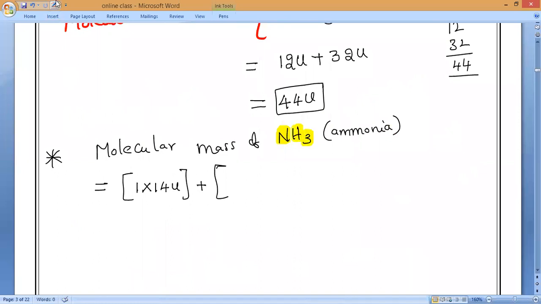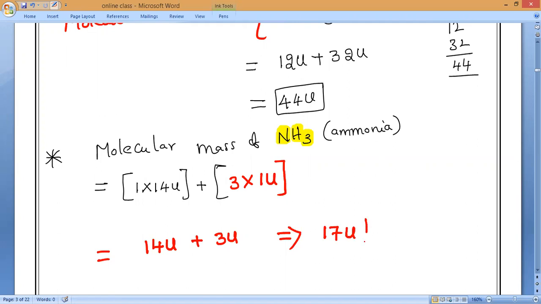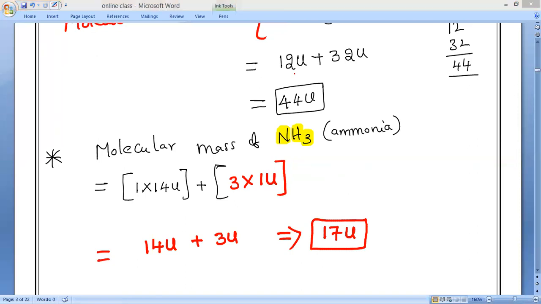How many are present? 3, into the atomic mass of hydrogen, which is 1. So it is 14 U plus 3 into 1, 3 U. The total is 14 plus 3, 17 U. So the molecular mass of ammonia is 17 U. Is it okay, everybody?